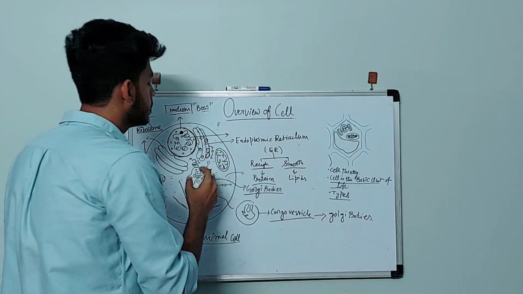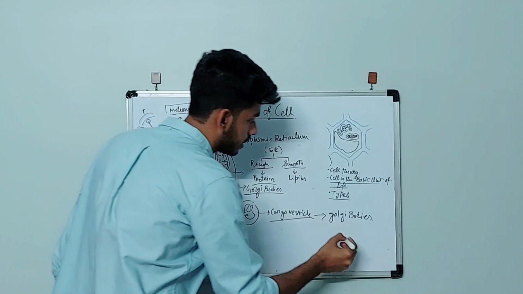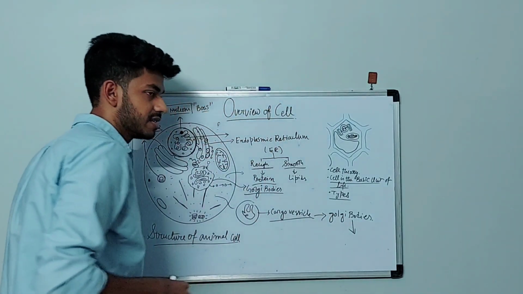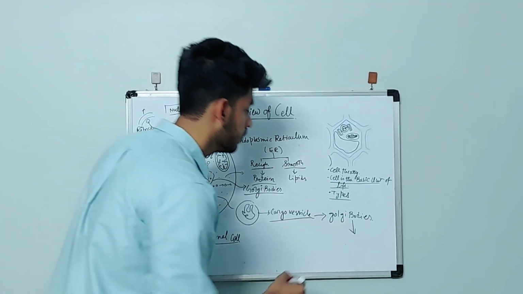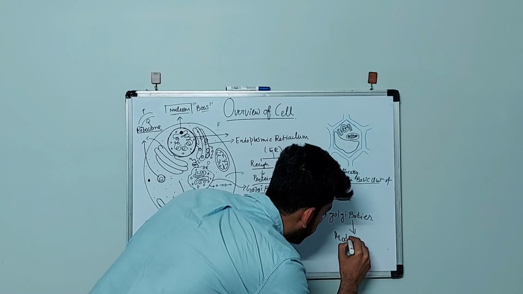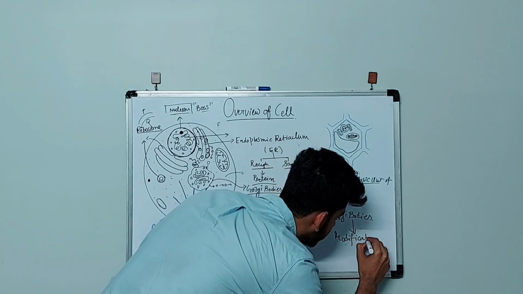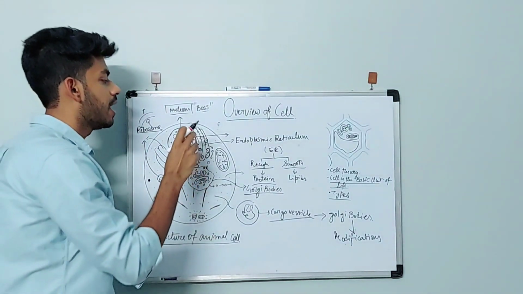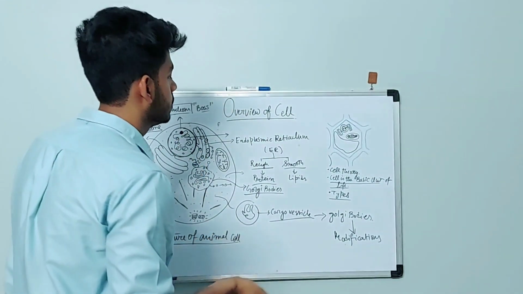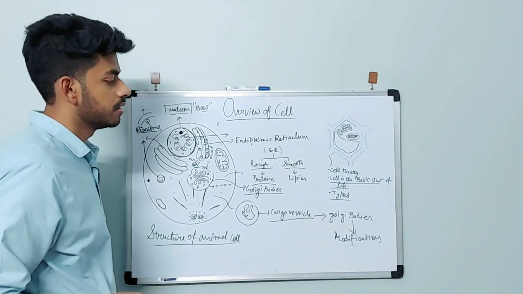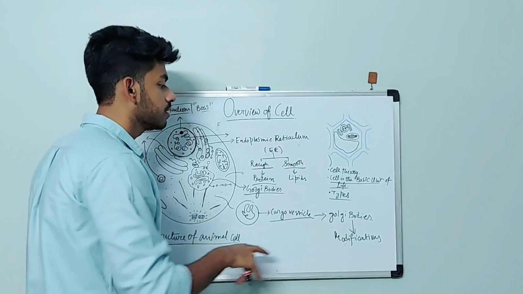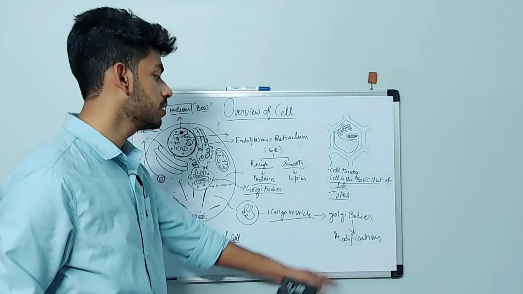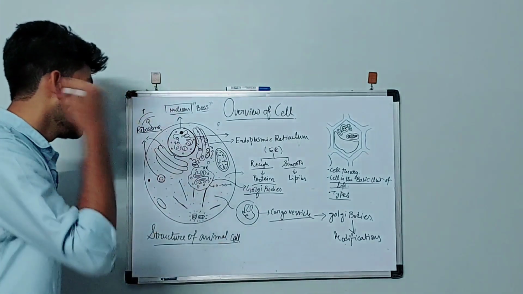And now in the Golgi bodies, the protein gets its second set of armor, or the second set of modifications. So in the endoplasmic reticulum, the protein gets the first stage of modification, and in the Golgi bodies, the protein goes under the second stage of modification.